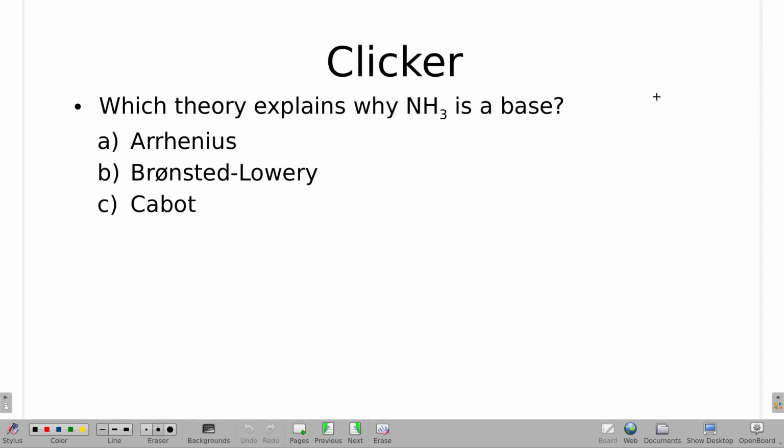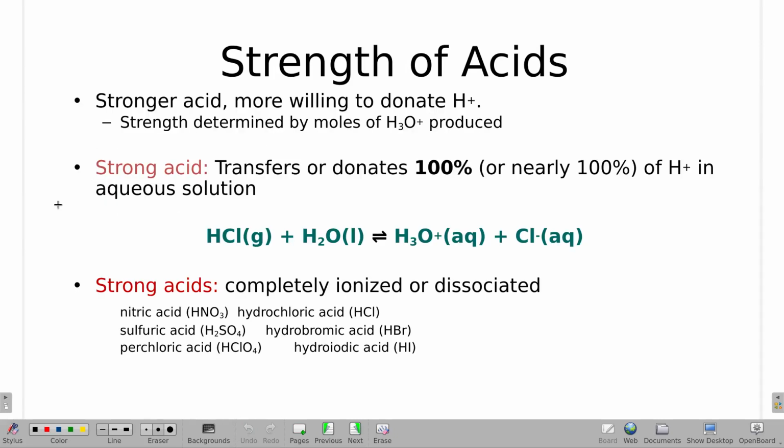Alright, so which theory explains why NH3 is a base? That was our second one, which is Bronsted-Lowry. Okay, strengths of acids. A strong acid converts 100% of its H's, like HCl here. It's saying that 100% of those H's get transferred into water.